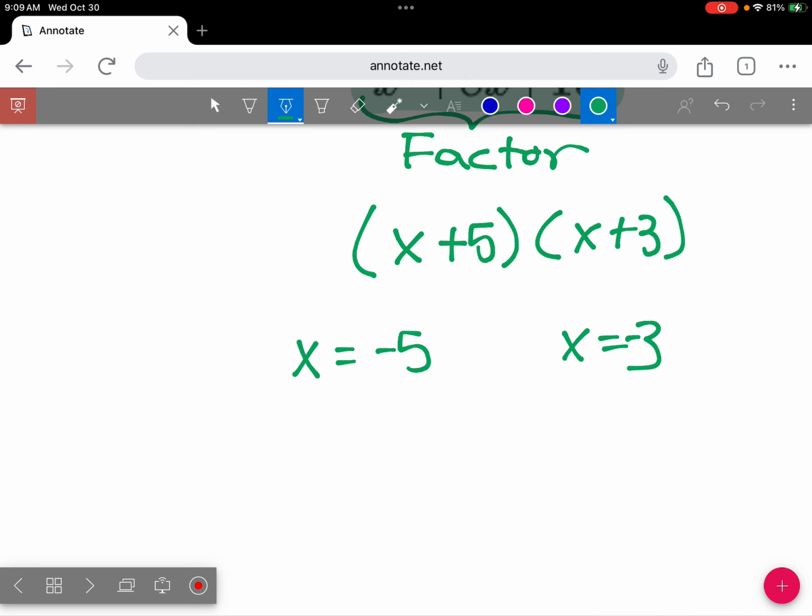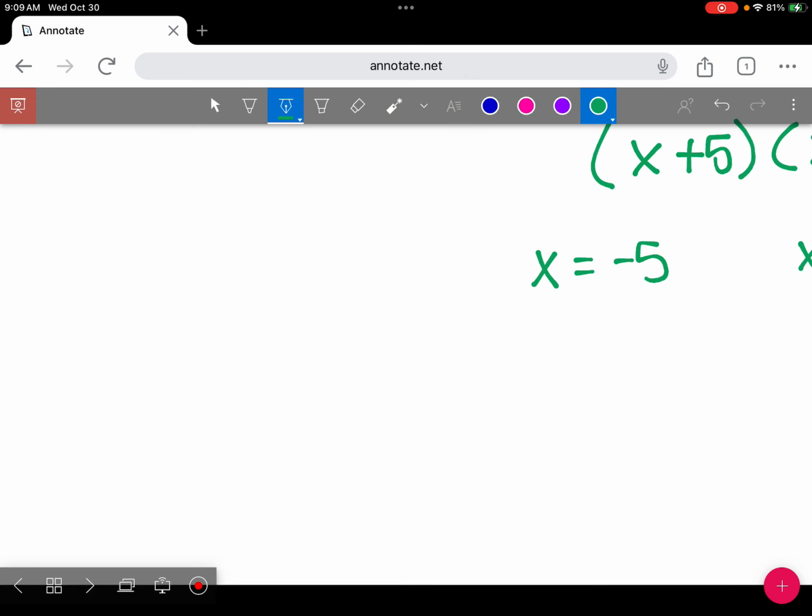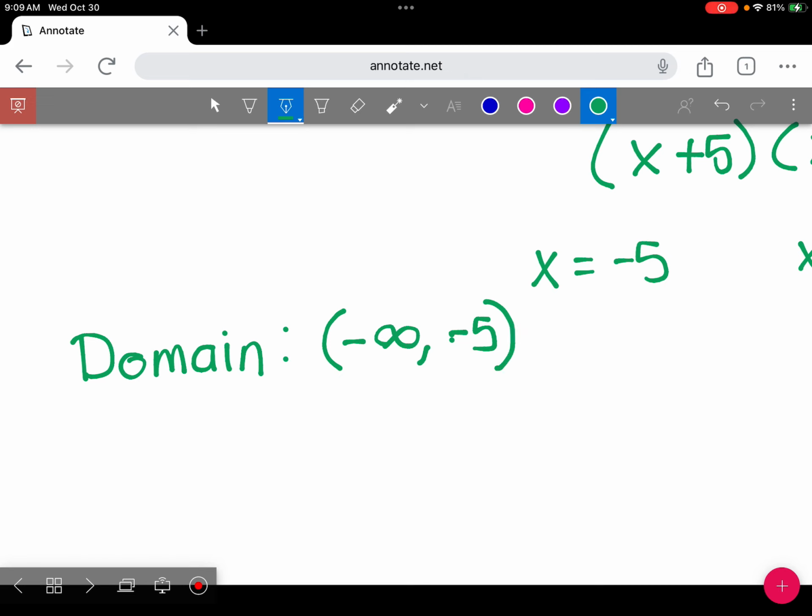So when we write our domain in interval notation, it's everything from negative infinity to positive infinity except for those. So we're going to go from negative infinity up to negative 5, not included.